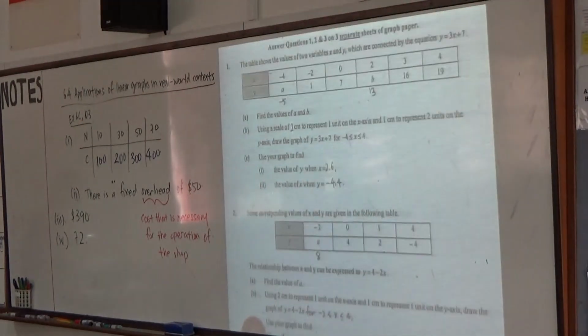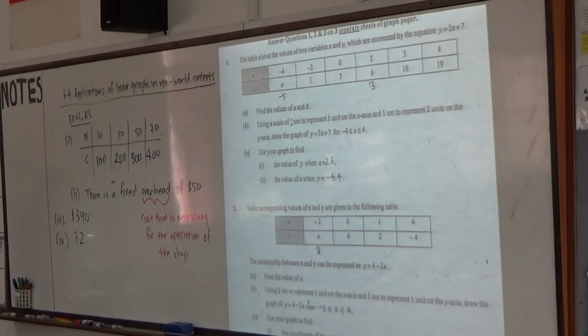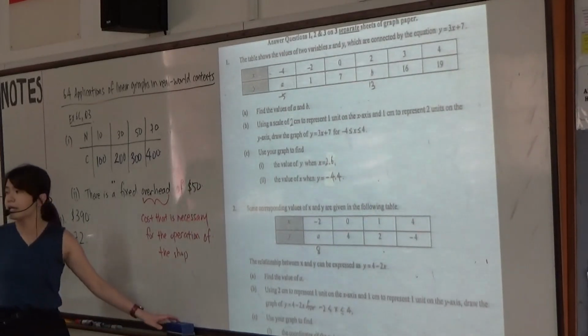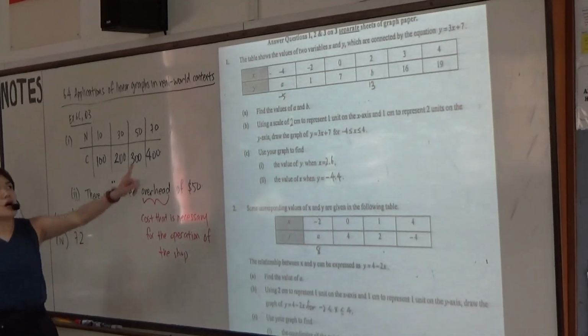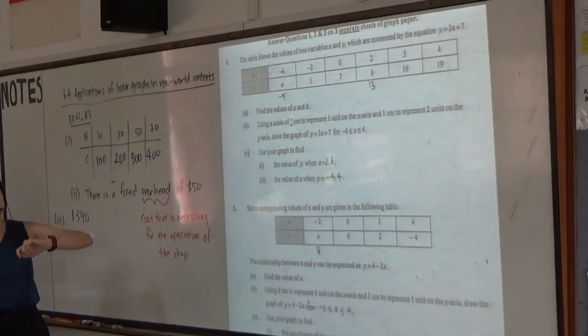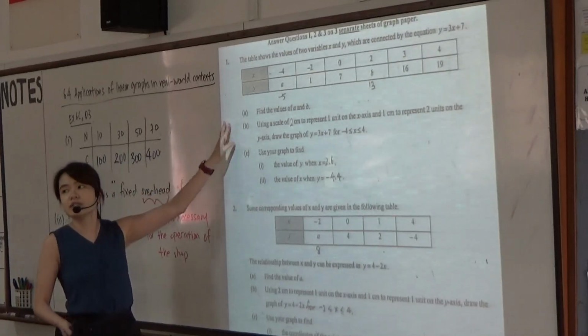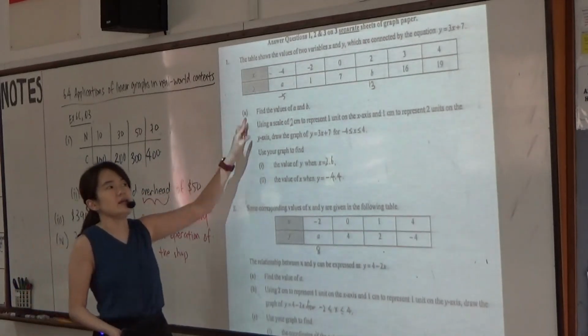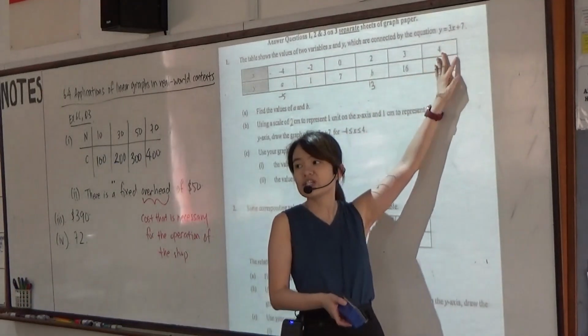Let's take a look at our homework question 1. Are we all looking at that? Homework question 1 says that the table shows the values of 2 variables x and y which are connected by this equation.